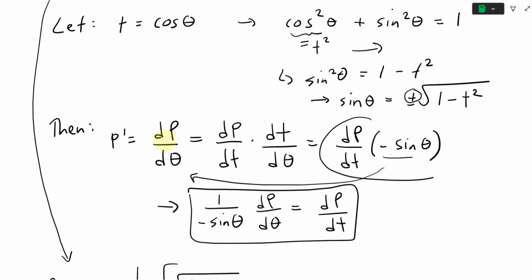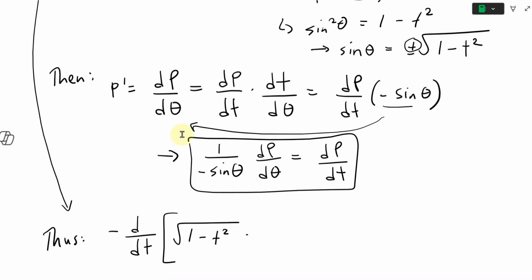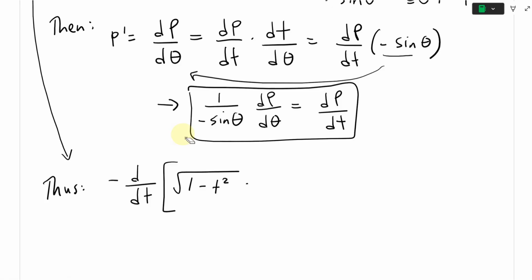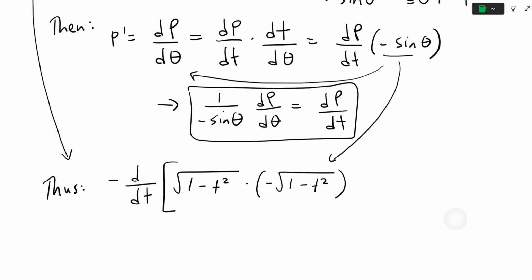That equals dp times negative sine theta, where sine theta is equal to this one. So it equals minus 1, the negative of sine theta, which is the square root of 1 minus t squared. So this becomes over there. I'll just put it like that. And then we have this dp over d theta, dp over dt.